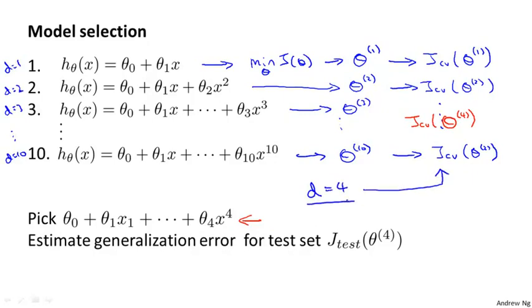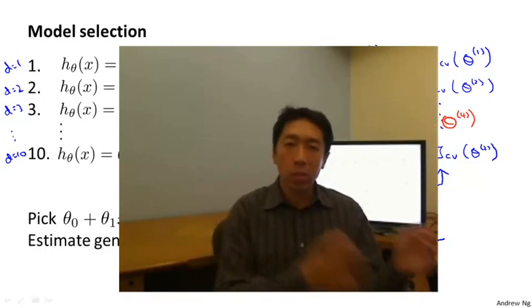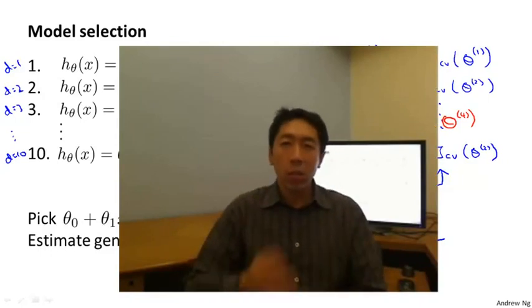So the degree of polynomial is no longer fit to the test set, and we've saved away the test set, and can use it to estimate the generalization error of the model that was selected by this algorithm. So that was model selection: you take your data, split it into train, validation, and test sets, use your cross-validation data to select the model, and evaluate it on the test set.